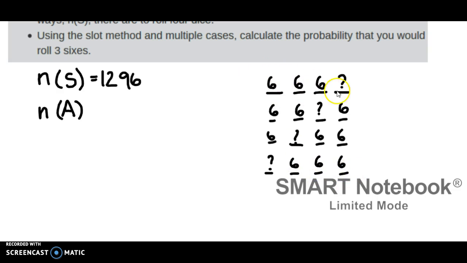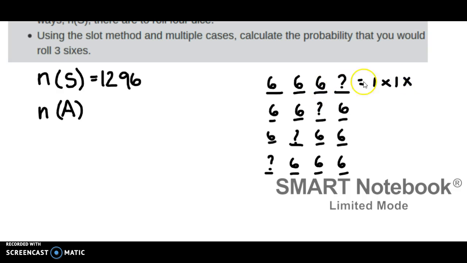Now what we have to figure out is how many ways these can happen. So let's go back to our very first one: 6 followed by 6 followed by another 6, then something that is not a 6. For the number of ways this can happen, I've got a roll of 6 on the first roll. Well, there's only one way for that to happen. So I could think of this as 1 times, I've got to get a 6 on the second roll. Well, that's 1 again. There's only one way to get a 6.